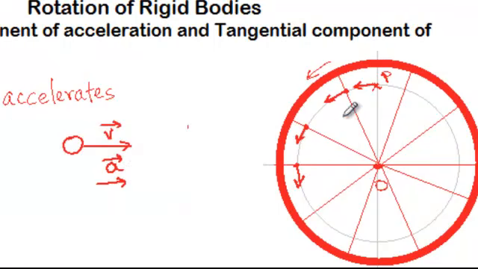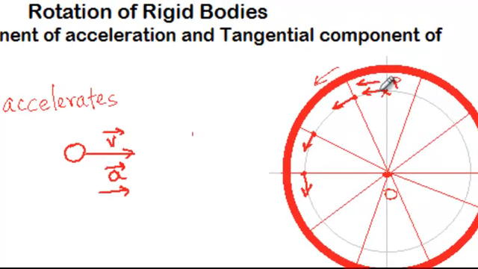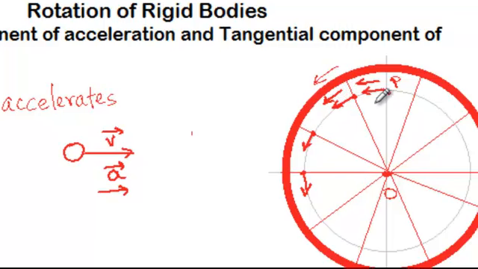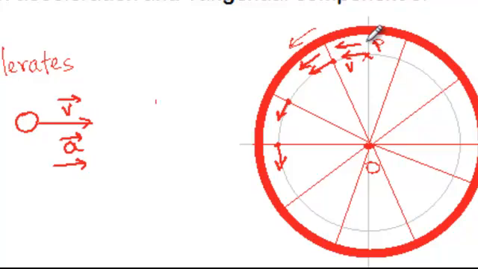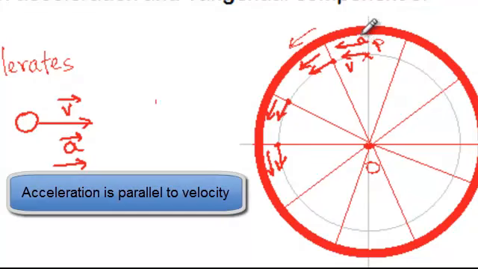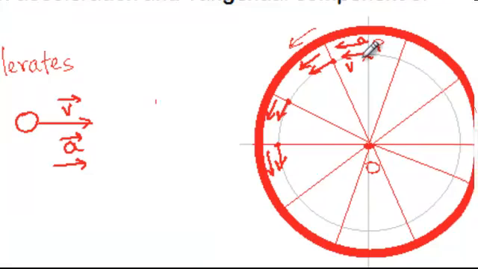Now if we are saying that the particle rotates faster or it accelerates, that means the direction of the acceleration is also in the same direction. The acceleration will also be along the velocity. So if this is the velocity vector, then this is the acceleration vector. And this is the case for each position of the particle: the direction of the acceleration vector is parallel to the velocity vector at that instant.